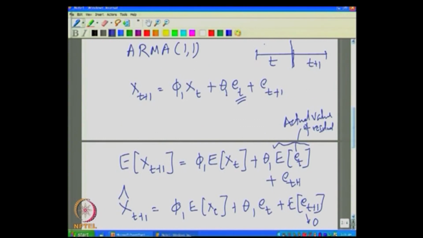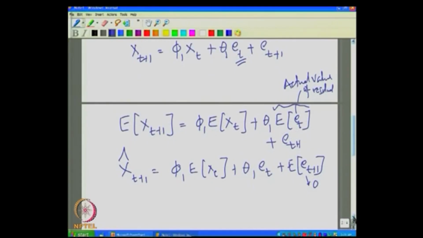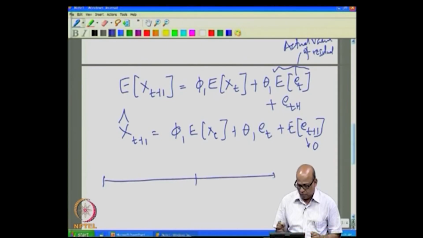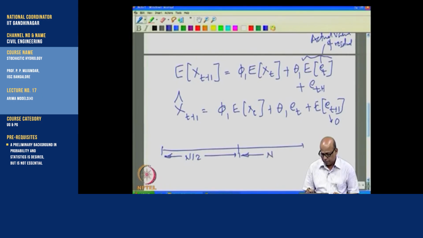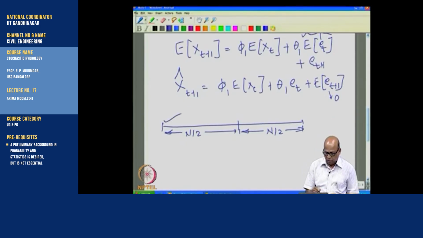Essentially then we are getting the forecasted values and applying for the first n by 2 terms that you have. As I mentioned, you have n by 2 number of values here, and you have another n by 2 number of values. So, what we did? We have developed the model using this n by 2 number of values. This is for model development.